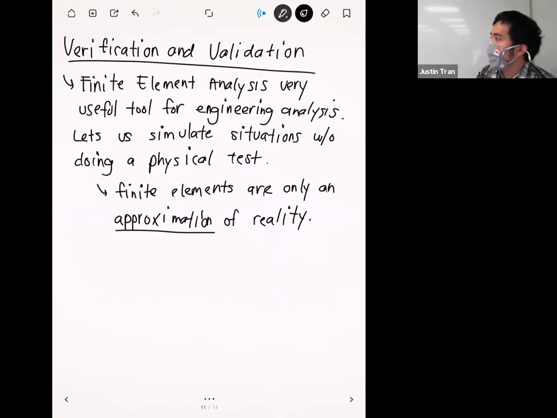In other words, finite elements is only an approximation of reality. Another way to say this is that when we run a finite element simulation, it's simply a model for reality.